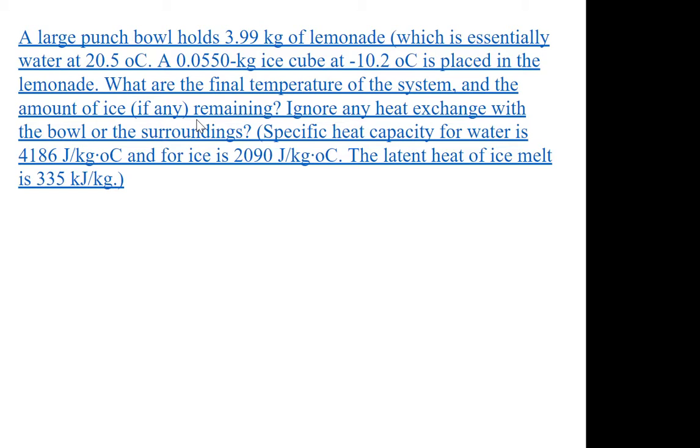What are the final temperature of the system and the amount of ice, if any, remaining? It says ignore any heat exchange with the bowl and the surroundings. Specific heat capacity for water is 4186, for ice is 2090, and latent heat of ice melt is 335 kilojoules again.